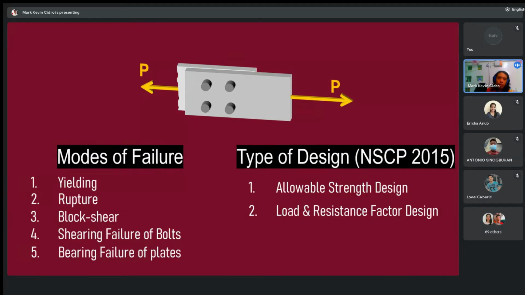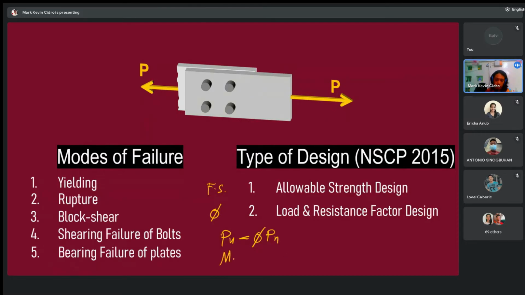Now, in load and resistance factor design, we use the reduction factor, phi. In allowable strength design, we use the factor of safety. In LRFD, we use the reduction factor. If you have Pu, to solve for Pu, we multiply the nominal force, Pn, by the reduction factor.